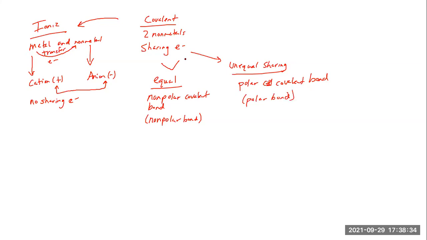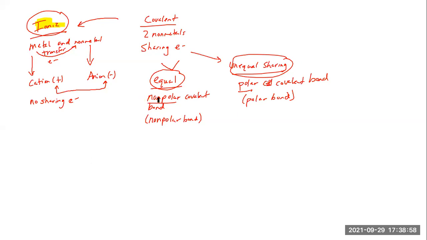Now, these are the types of bonding that we talked about, nonpolar and polar. And as we talked about, there's sort of an extreme. On one end, we have an ionic bond, where we have a complete transfer of electrons from one atom to the next.